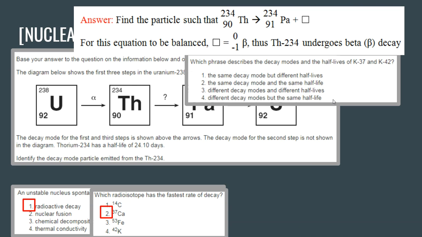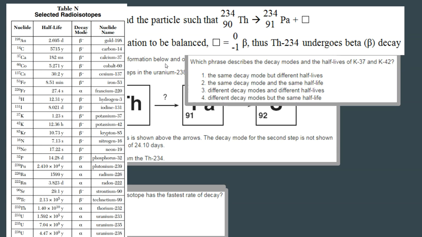Next problem. Which phrase describes the decay modes and the half-lives of potassium-37 and potassium-42? Once again, in order to identify the decay mode and the half-life, we have to use Table N. Look at this table and decide what the correct answer is.